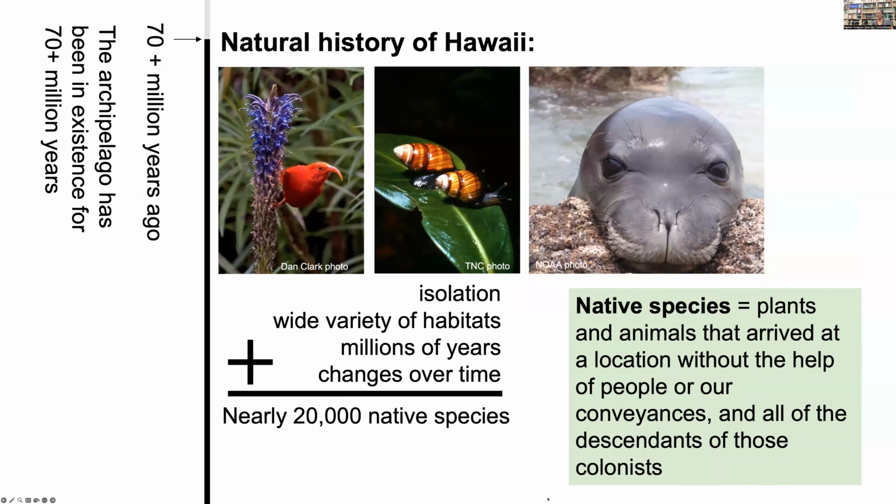And so a summary slide for natural history: a whole bunch of years, isolation, millions of years, change over time. We have nearly 20,000 native species. And I always include the definition when I tell people, what is a native species? Because I hate to get to my point and somebody says, well, what really is a native? So these are plants and animals that arrived at a location without the help of people or our conveyances or as the result of our actions, and all of the descendants from those colonists.